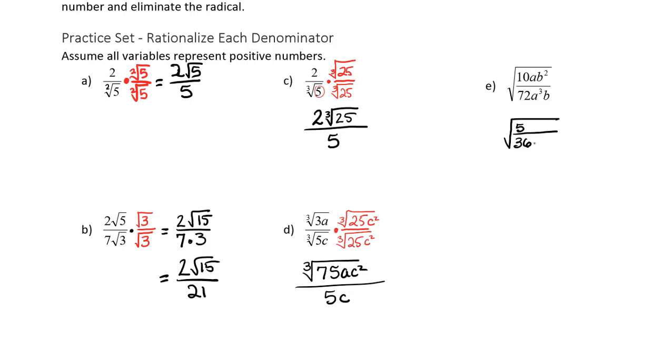A over a to the third would give me an a squared in the denominator. And b squared over b will give me a b in the numerator. Now 36 is already a perfect square, and so is a squared. So now we have the square root of 5b over 6a. And that one we didn't have to rationalize because it's simplified and got rid of the radical on its own.